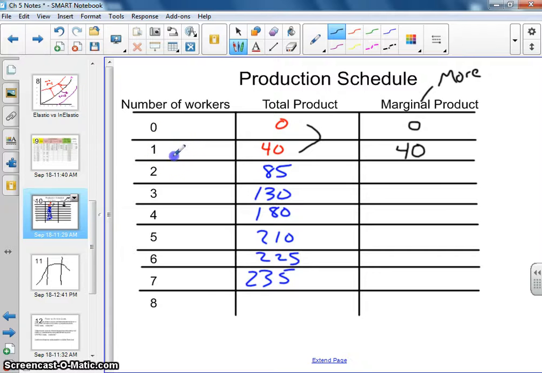But you look at it and say, all right, from 1 worker to 2 workers, our total product went up to 85. Well, how much more are we getting? Marginal product meaning more. Well, 2 workers make 85, 1 worker makes 40. Marginal product is 45. How much more did we get by adding that next worker?